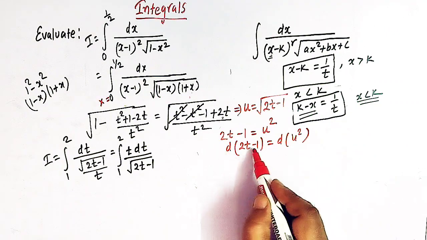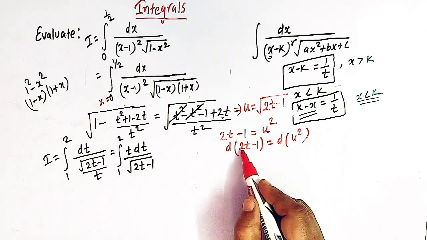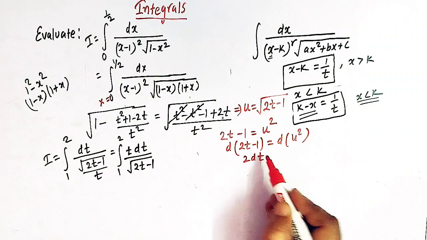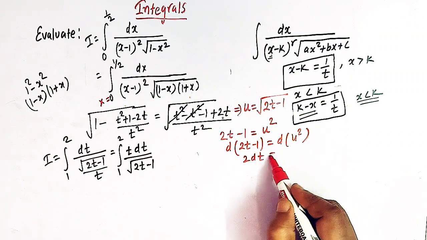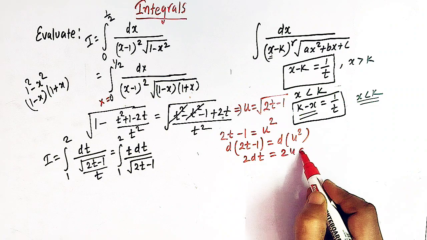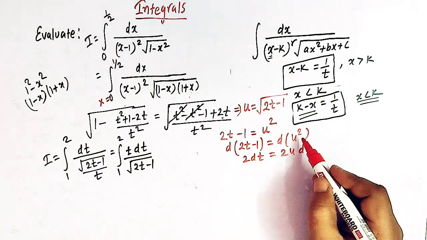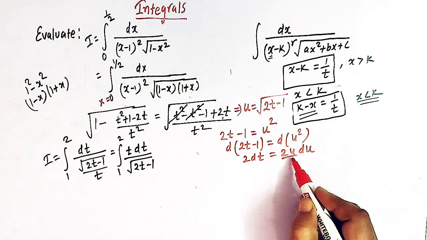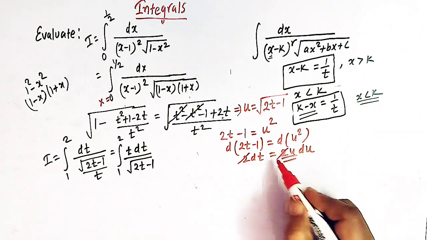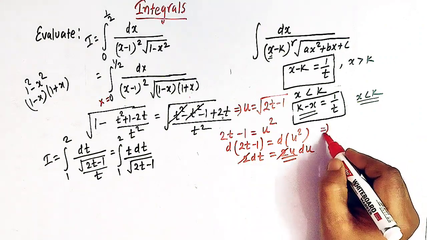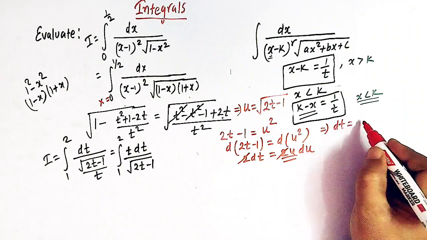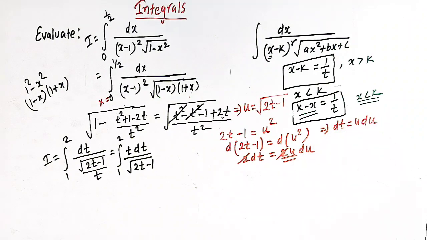So this is the derivative operator. So the derivative here we have simply 2 dt, derivative of 1 is 0, and here we have 2u du, right? So the derivative of u square is 2u. So this 2 and this 2 get cancelled. So we are left with dt is equal to u du, right?